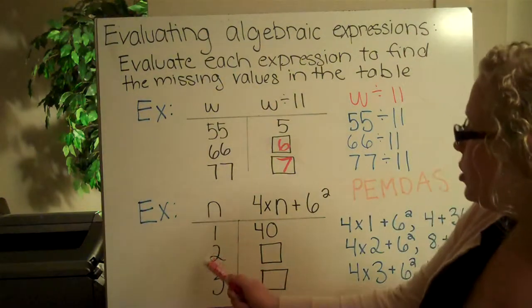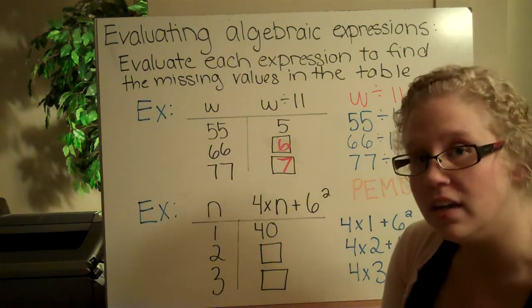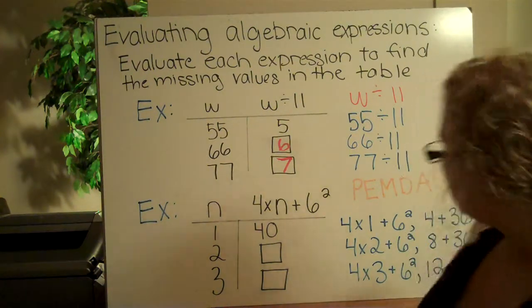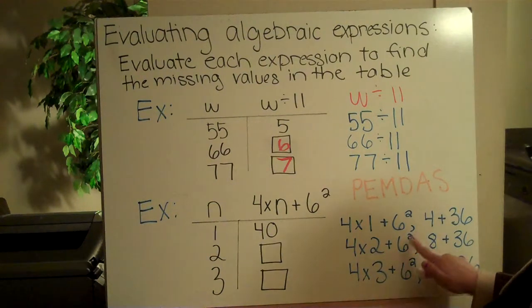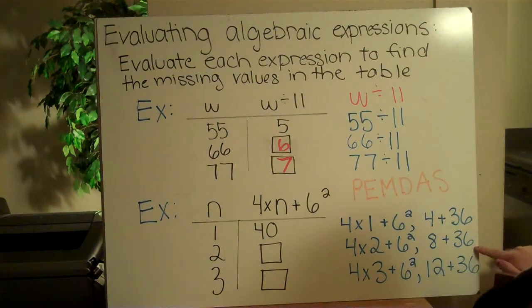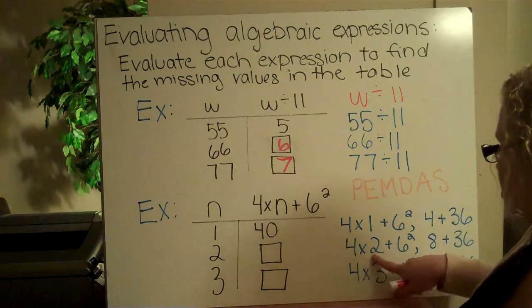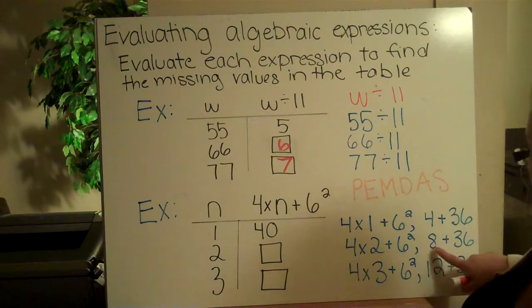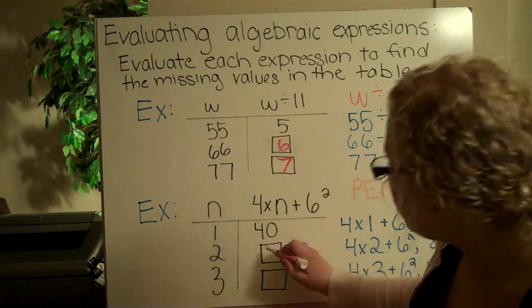Now when n equals 2, we do the same process of substituting 2 for n in our algebraic expression, but we get a different answer. 4 times 2 plus 6 squared. Once again, we do exponents first. 6 squared is 36, and then we do our multiplication. 4 times 2 is 8. 8 plus 36 is now 44.